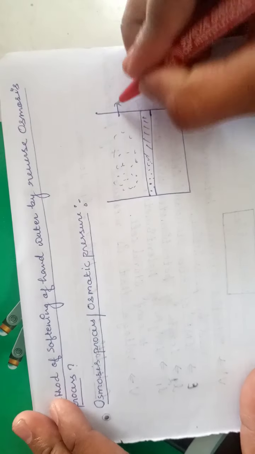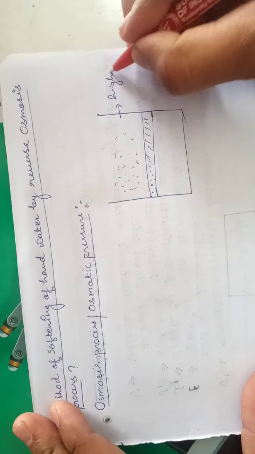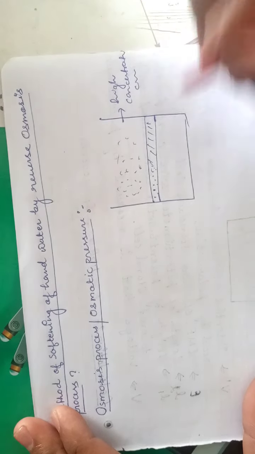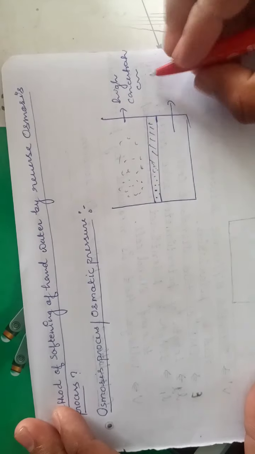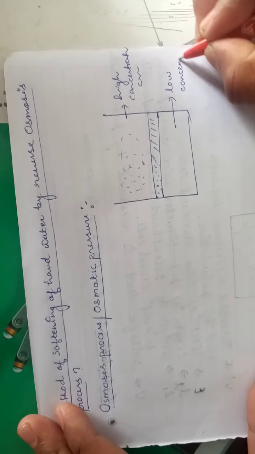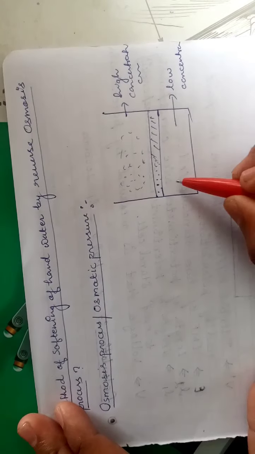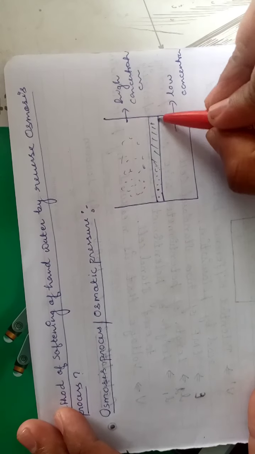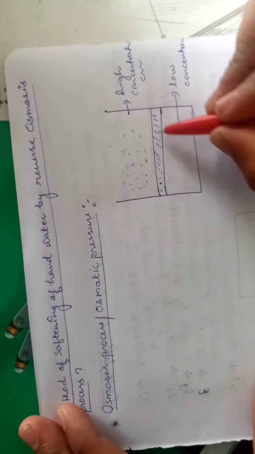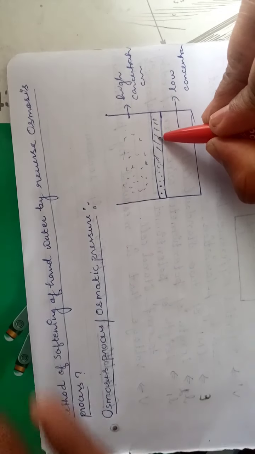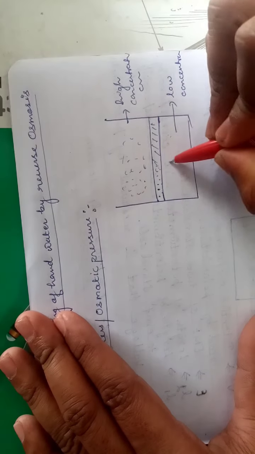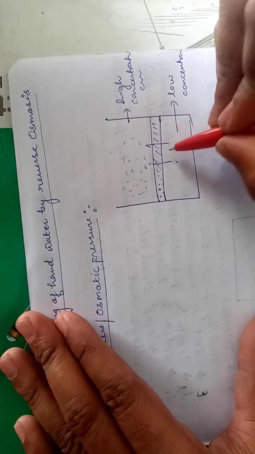One side is considered a high concentration of liquid, and the second side a low concentration of liquid. So when we separate these two liquids by a semi-permeable membrane, the liquid moves from the low concentration to the high concentration.